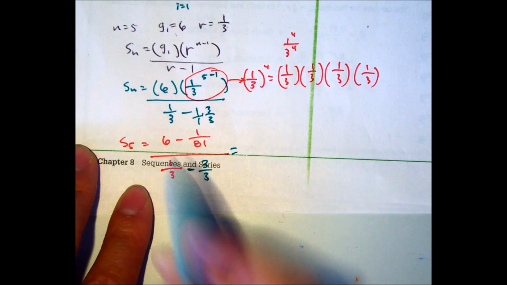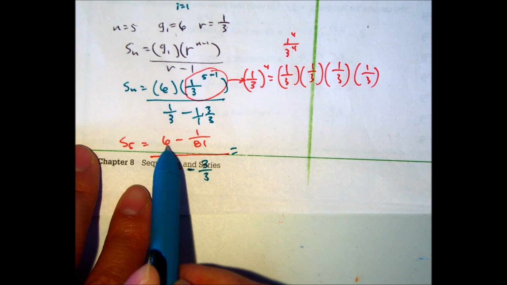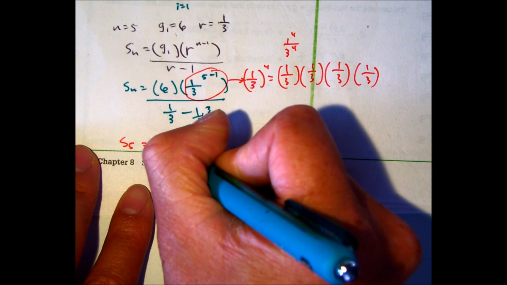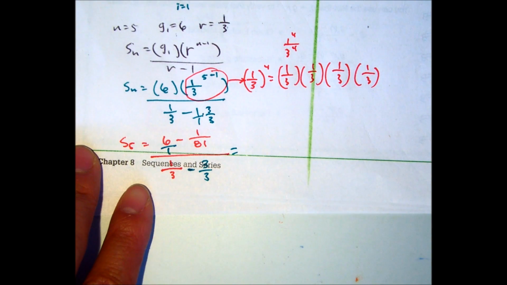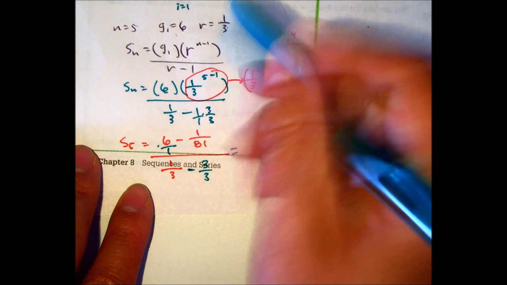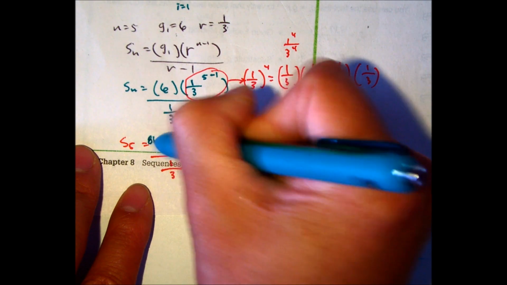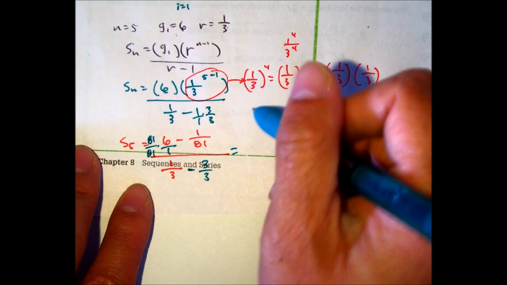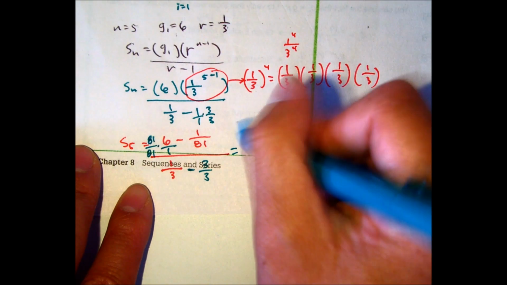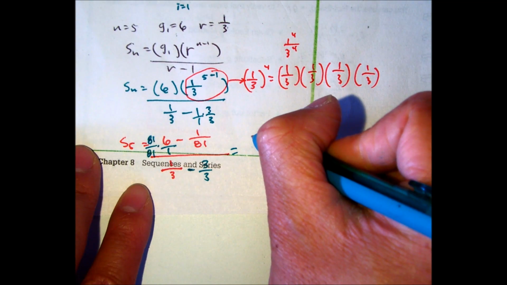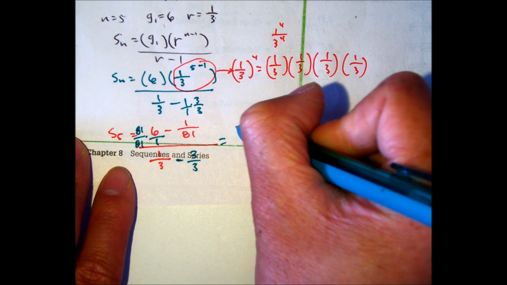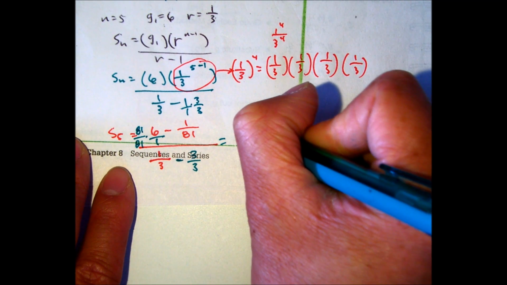In the numerator as well, I recognize that I cannot subtract 6 minus 1 over 81. This is a fraction, this is not, so let's turn this into a fraction. I'm going to multiply this number by 81 over 81 so I get a common denominator. 81 times 6? 486. Okay.